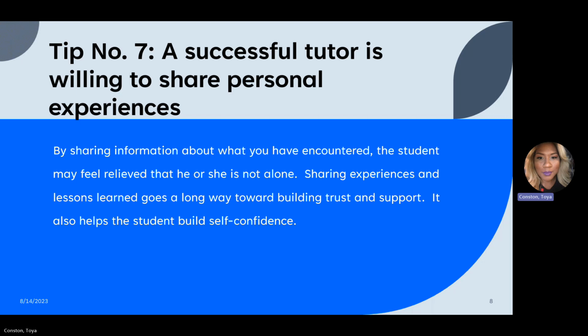And three, it also helps the student build self-confidence because now they know that what they're going through is not just an isolated event, that there are those who have gone through what they are experiencing and that they too can still be successful. So this leads to self-confidence. Again, tip number 7, a successful tutor is willing to share personal experiences.